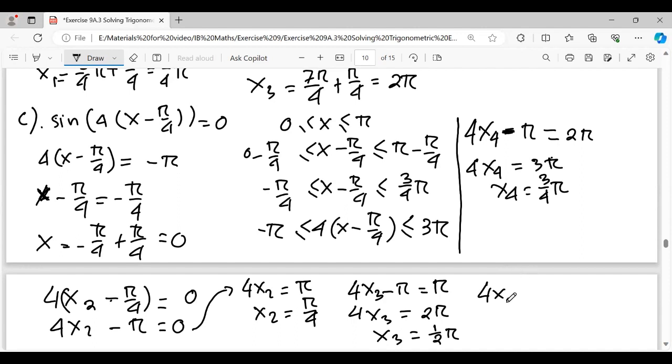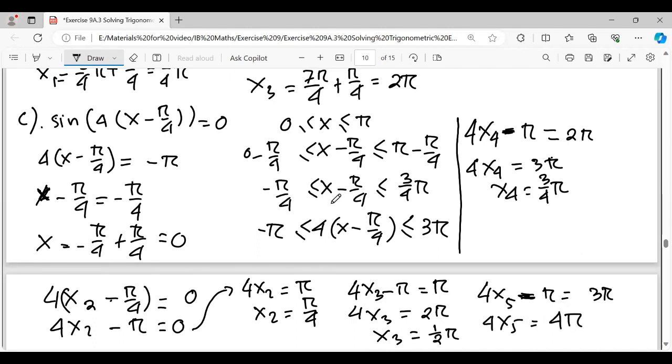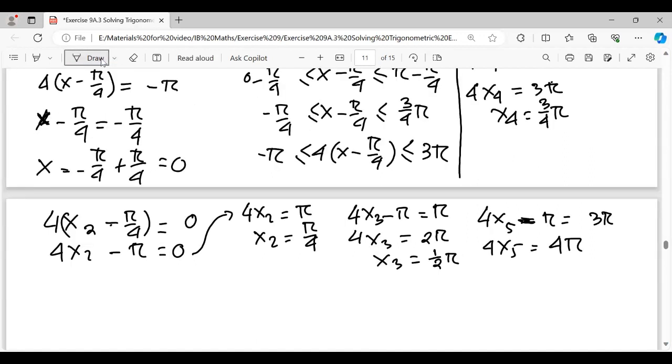And this one, 4x5 minus pi equals 3 pi, 4x5 equals 4 pi, divided by 4, so x5 equals pi.